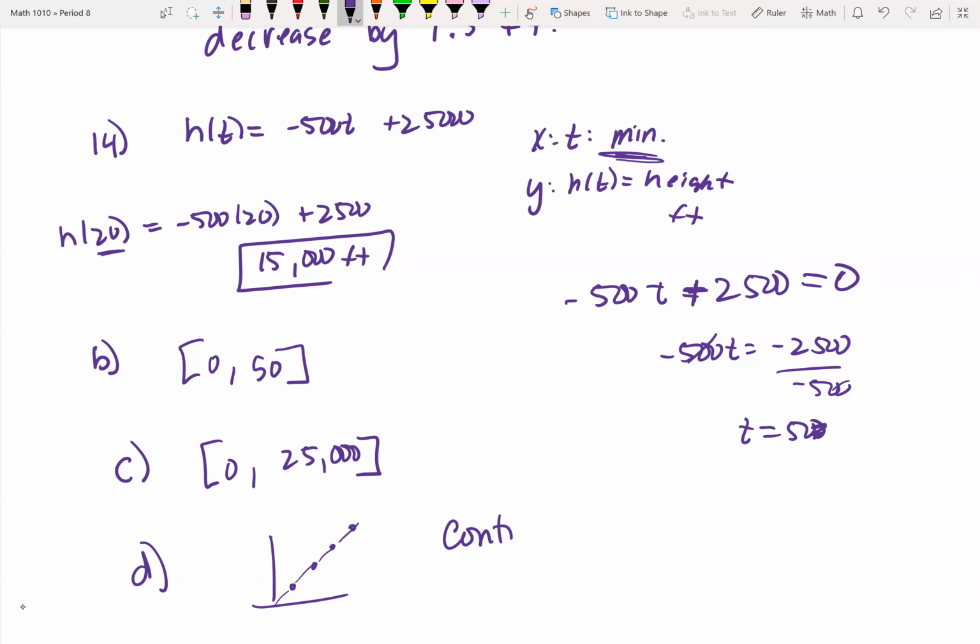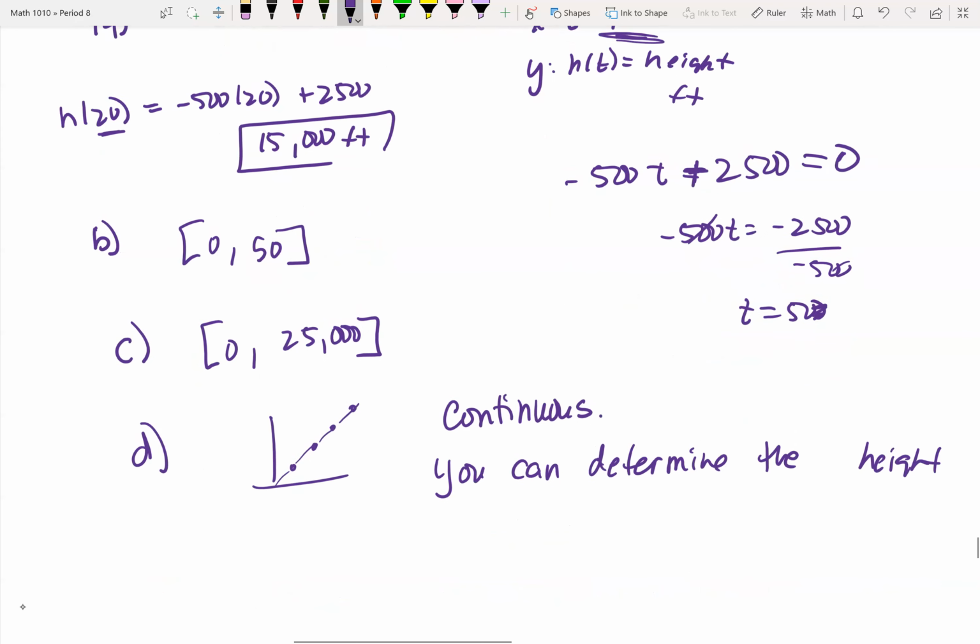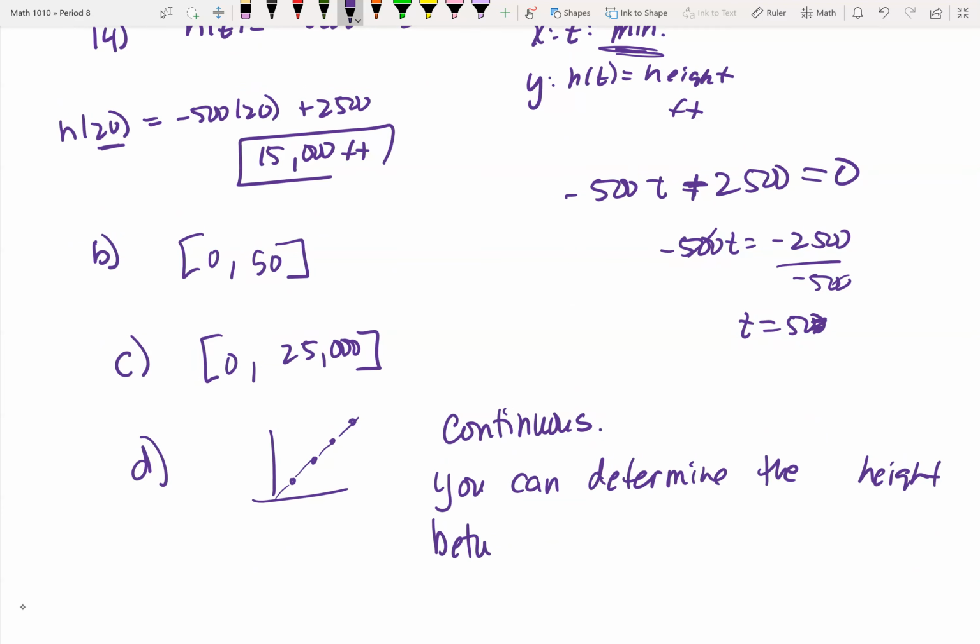So this is continuous. Okay, and explain, I would say you can determine the height between minutes. That makes sense to me.